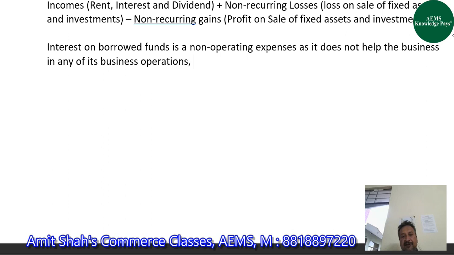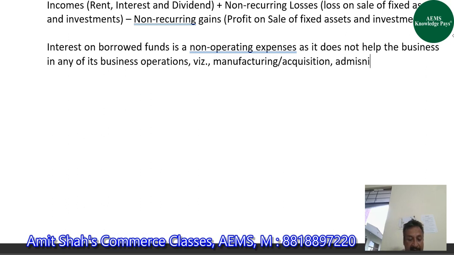Which are business operations, guys? There are only four, with manufacturing or acquisition. If you are doing manufacturing business, then one of your business operations is manufacturing. If you are into trading business, then you simply acquire goods and sell them.